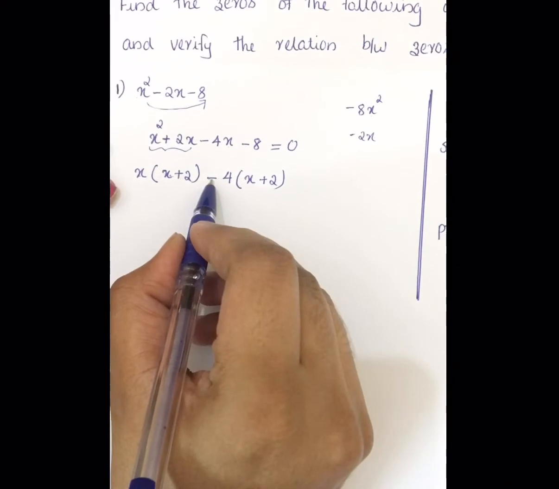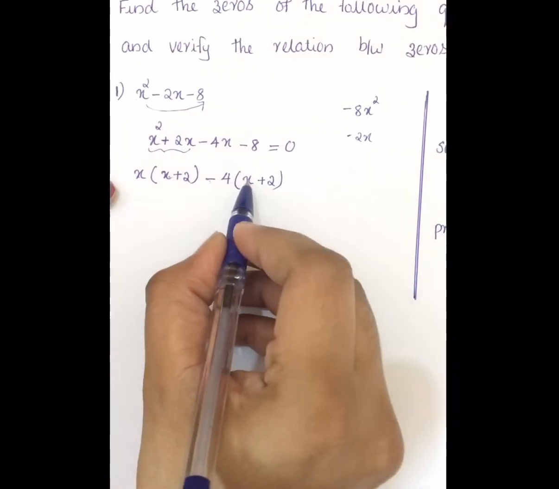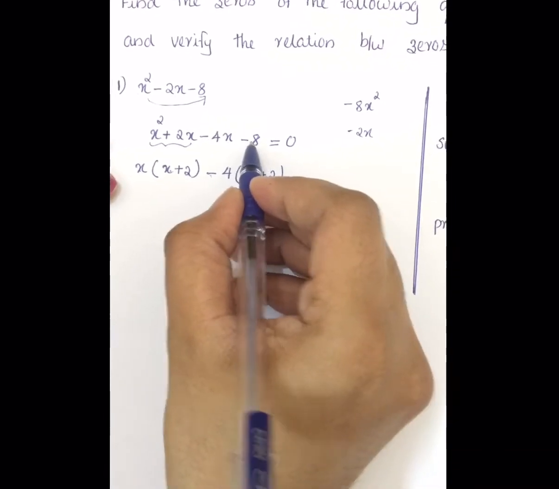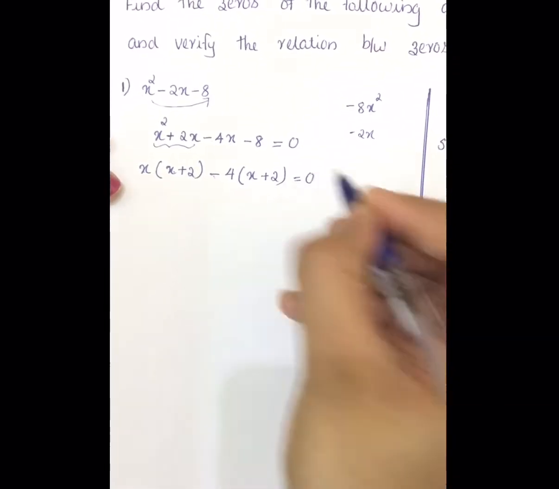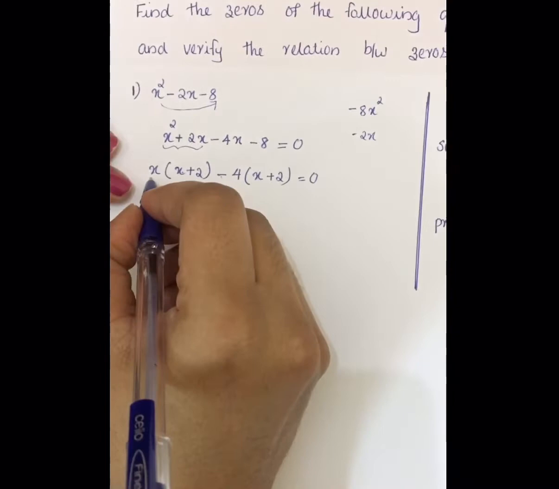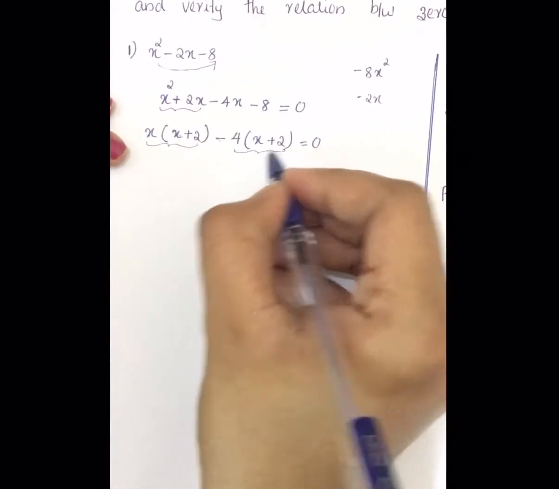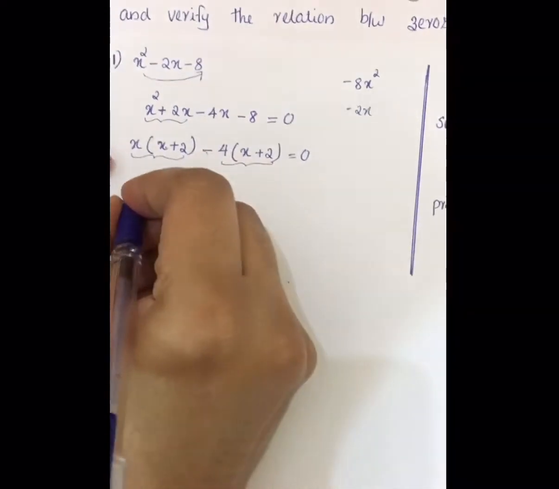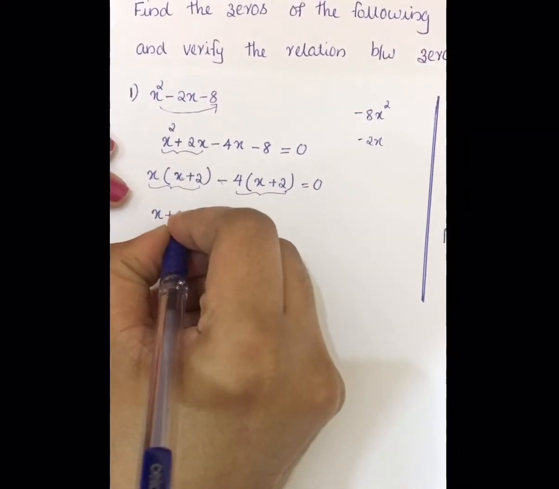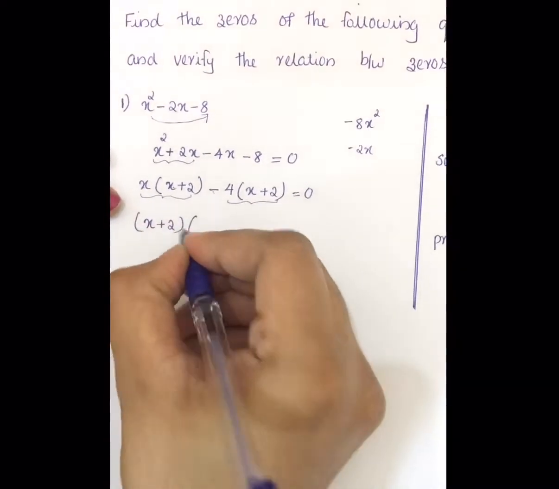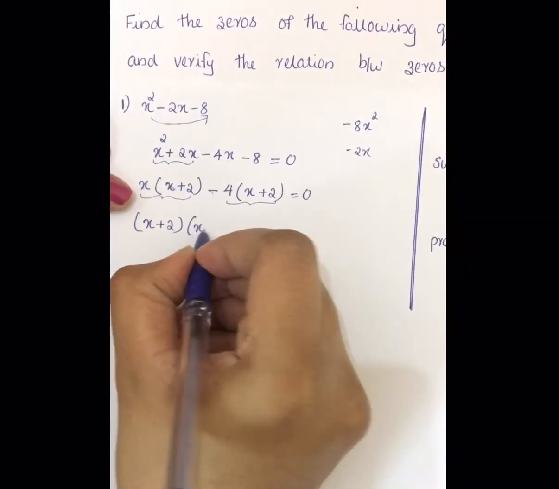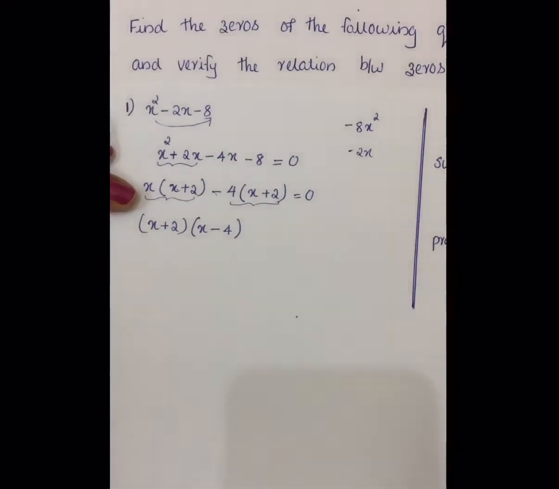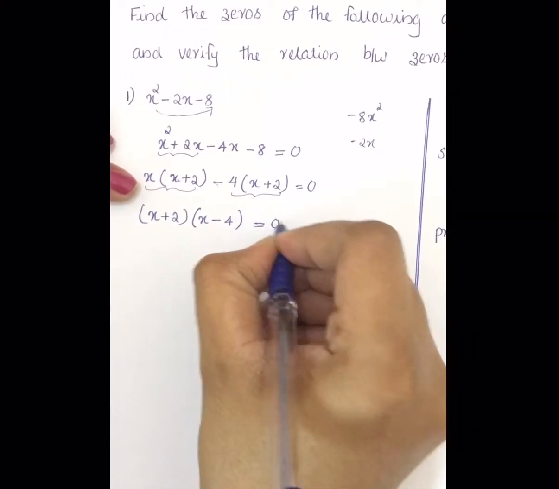That gives minus 4x and minus 8 equal to 0. From these two terms you can take x plus 2 outside, and the remaining is x minus 4, which is equal to 0.